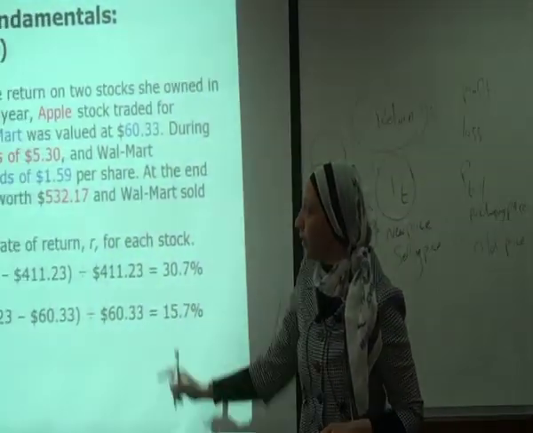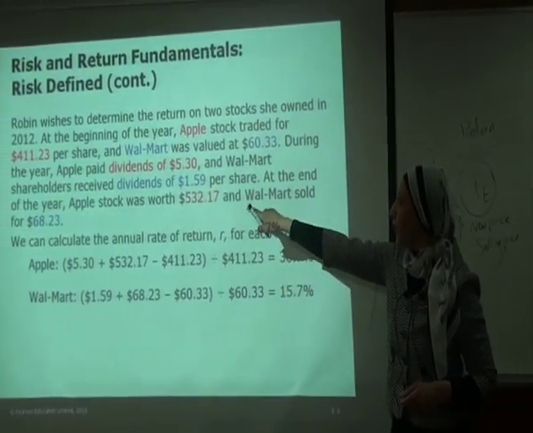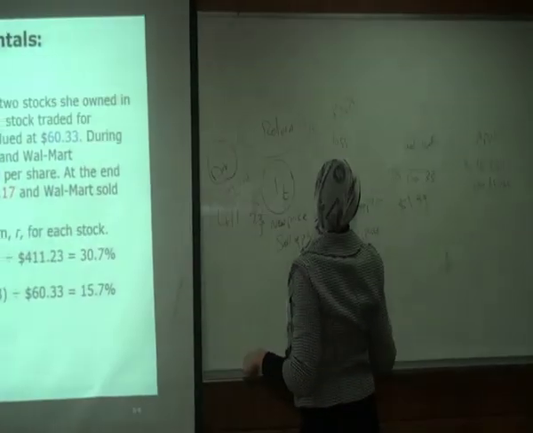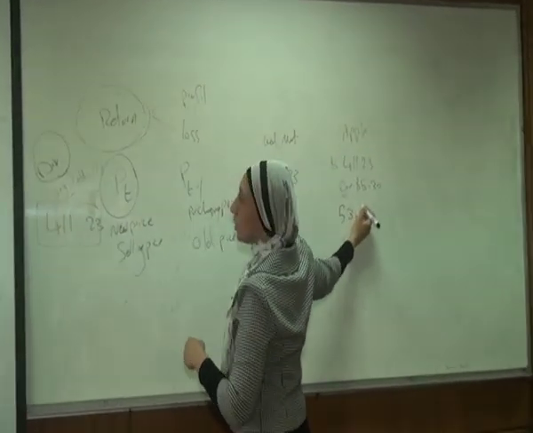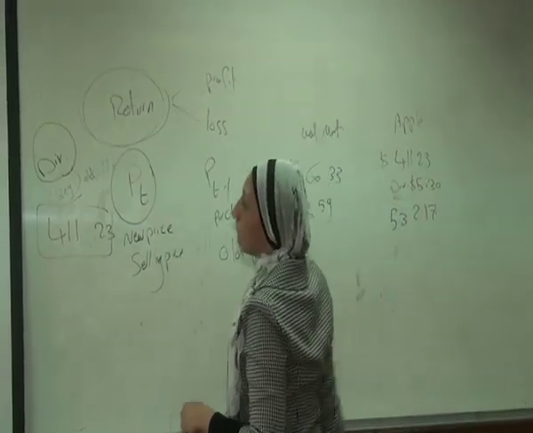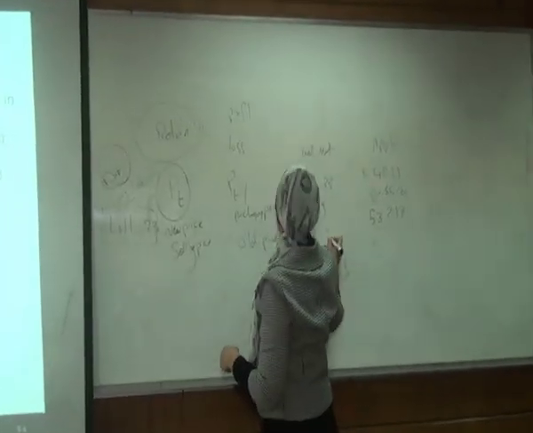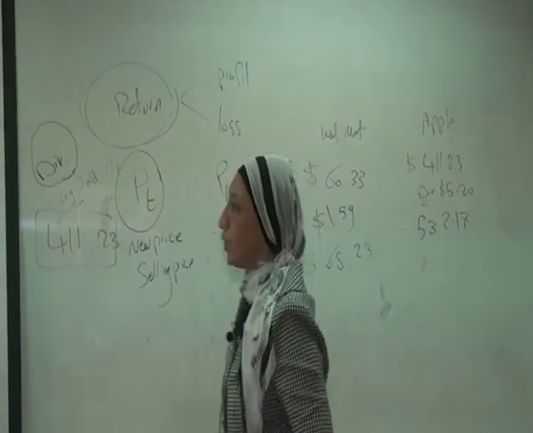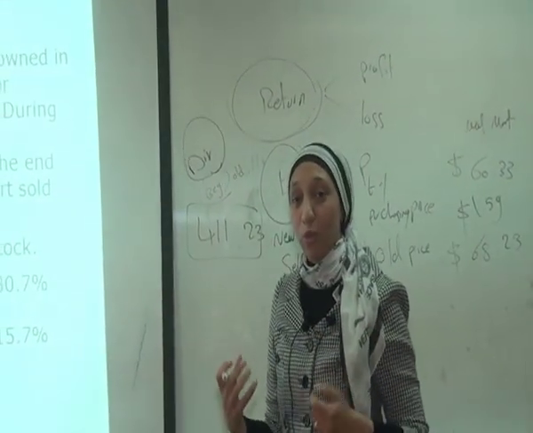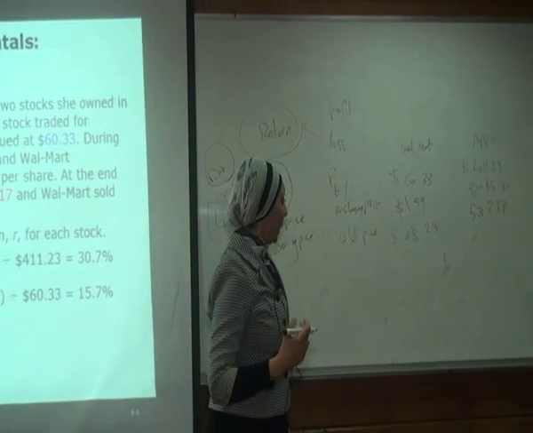At the end of the year, the Apple stock was $532.17, while Walmart was $68.23. How to calculate the return of each of them in order to determine the profit or loss achieved in the 2 stocks?